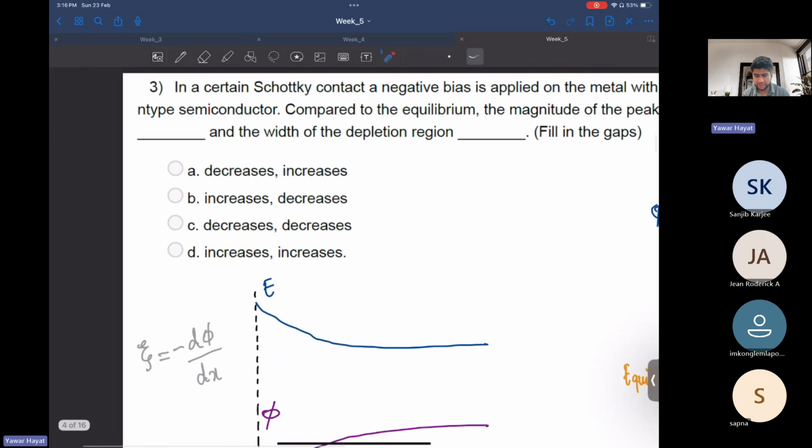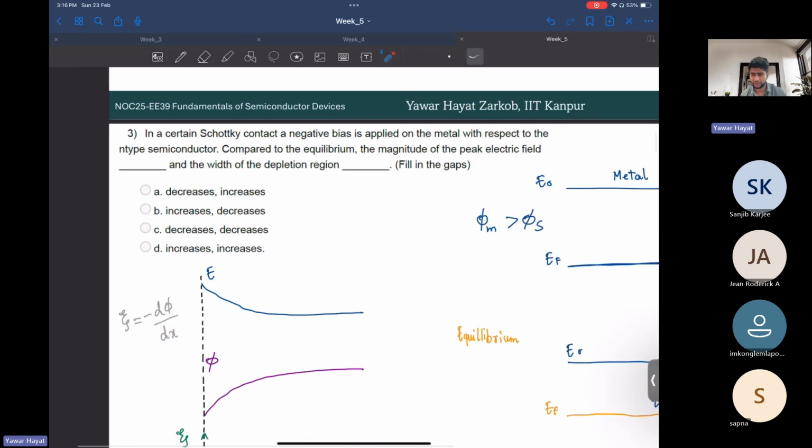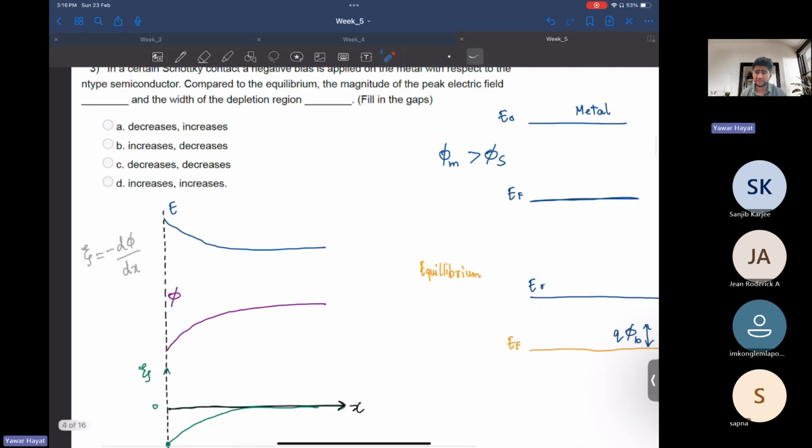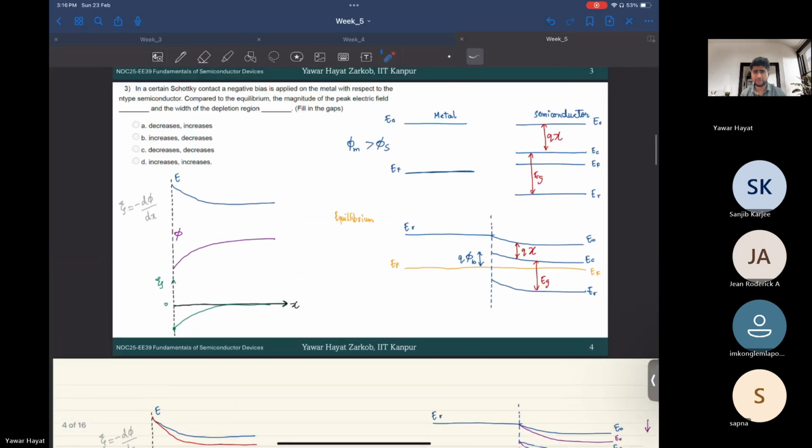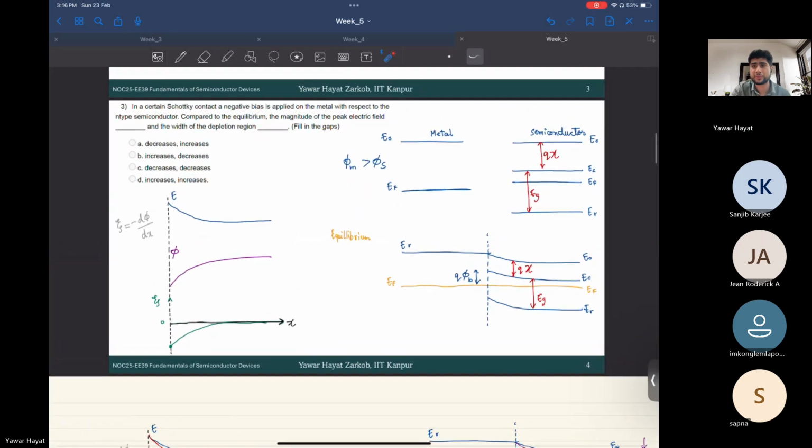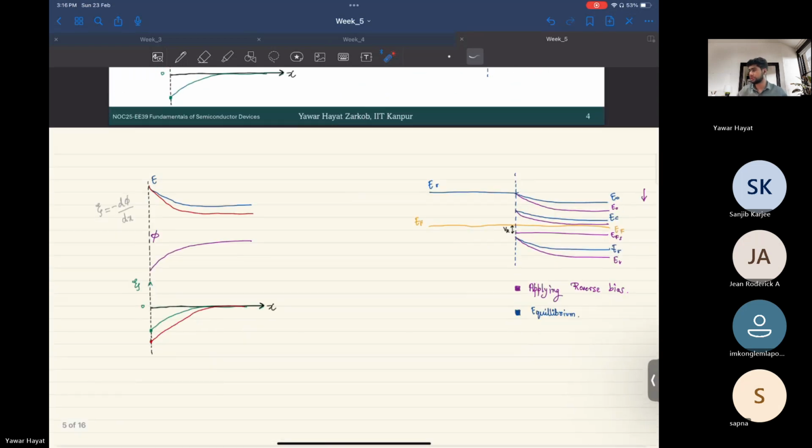So one of you answered it as B. The first part is right, in the sense that your peak electric field magnitude increases compared to the equilibrium case. But the second part is what happens to the width of the depletion region. I assume you know, if you apply a reverse bias, what happens to the depletion width?